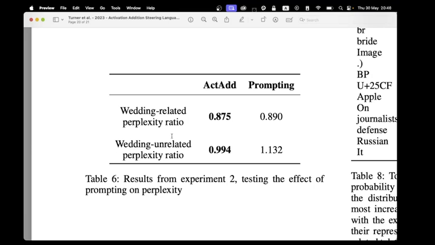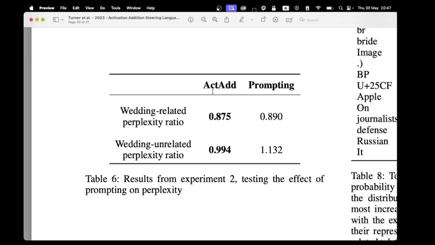They say that their method gives us a better metric, and just adding weddings gives us a worse metric, where the metric is probability of something wedding related. But this doesn't tell us anything about what if we found a better prompt, right?